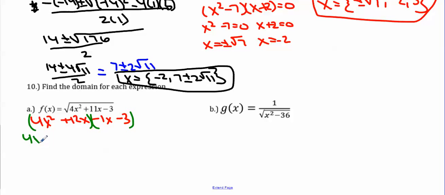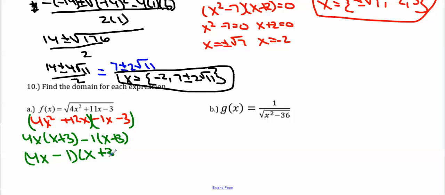That would be 4x, and I'm left with x plus 3, and then negative 1, which results in x plus 3. So my factors are 4x minus 1 and x plus 3. Now that I factored it, I'm going to set my factors equal to 0. So I have x equals positive 1/4 and x equals negative 3.